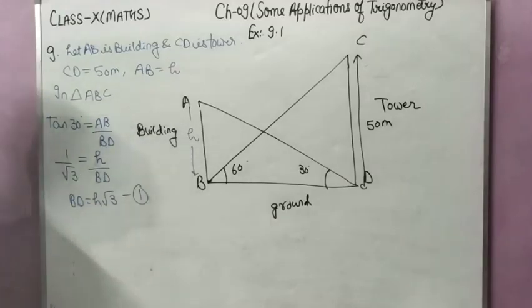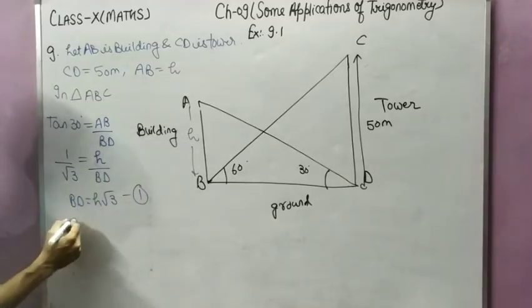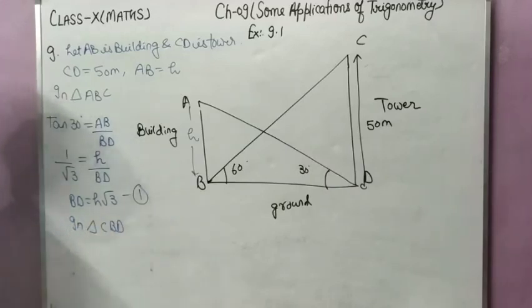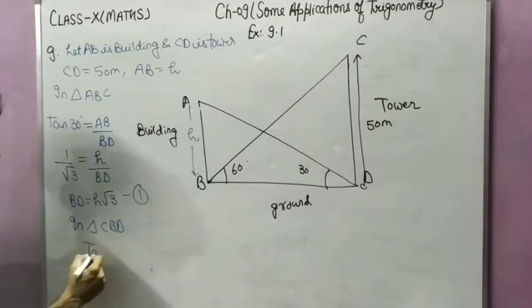Now we will take the second triangle, that is triangle CBD। It is also a right angle triangle where angle D is 90 degrees. So in triangle CBD, students, we can apply tan 60.